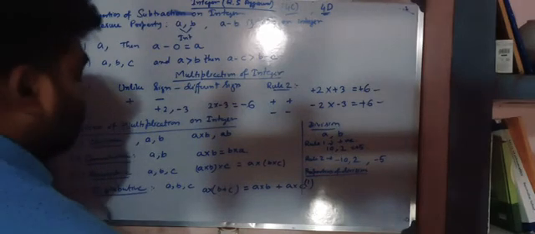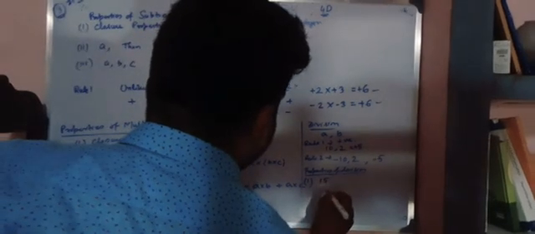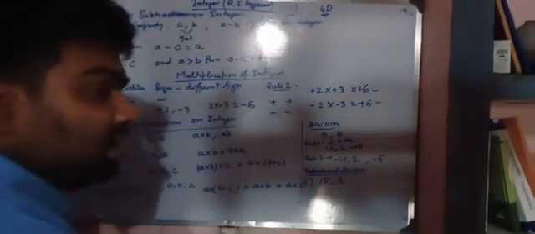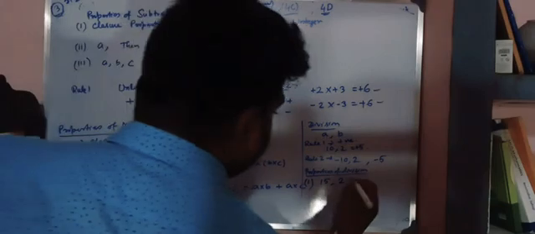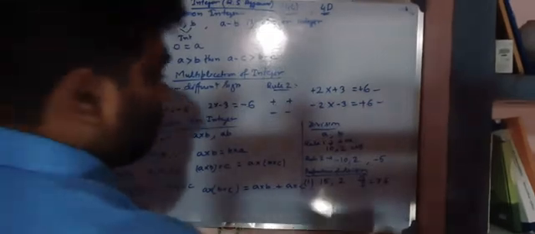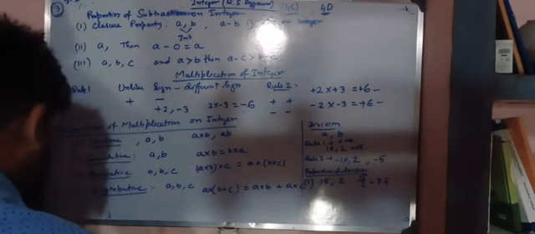For example, 15 is an integer and 2 is an integer. Now if we divide 15 by 2, we get 7.5, and 7.5 is not an integer. So this is the first property.